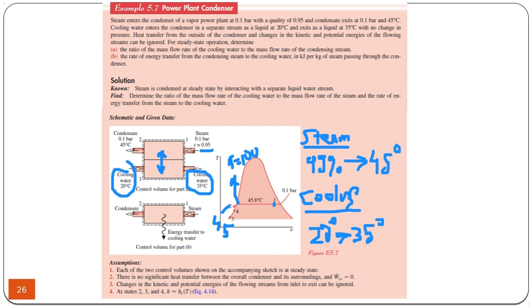In the steam part, there is only one inlet and one exit, but there is also the Q interaction between the two systems. In the first one, there is no Q interaction in total because the Q lost by the first system is equal to the Q gained by the second system, so they cancel each other. However, in the second part, if you take the system to be only the steam part, then you need to consider the heat loss to the second system, which is the cooling system.